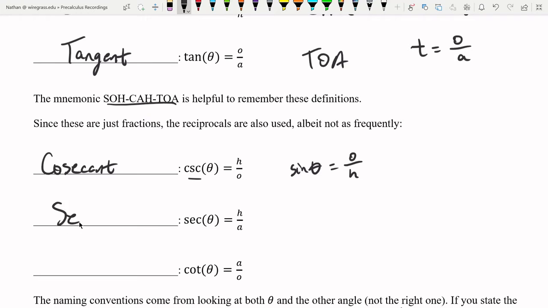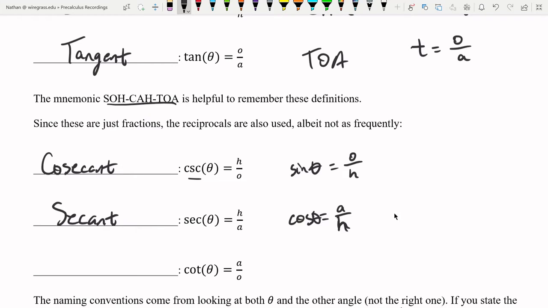Now, secant is the next one, and this corresponds to the flipped version of cosine. So we have cosine is adjacent over hypotenuse, the ka in SOHCAHTOA. And if you flip that, you get the secant.